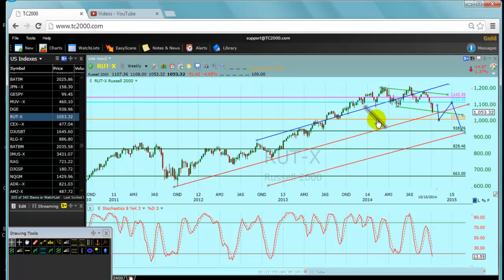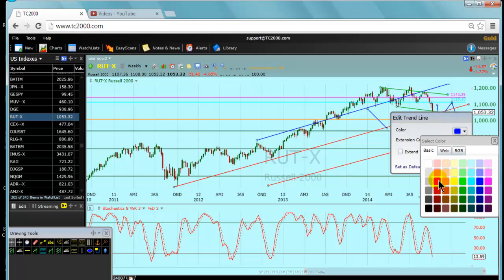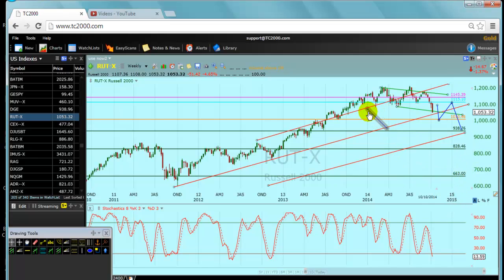So this is the size of the top channel. The top channel, if I color it again also into red, here it is. You see the top channel. You see I have a measurement for the size, the width of that channel. And if the price dips below it, we will project that channel to the downside. And I will draw a line that is parallel to the top channel. So what we will prefer is to, now it's on the edge of the green line.